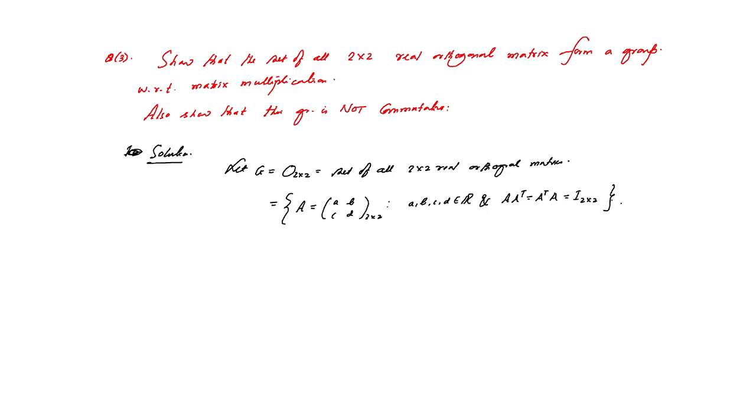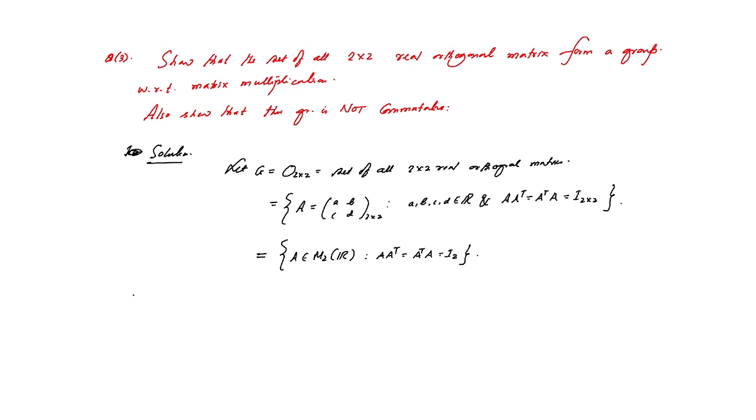So this is the definition of the set of all real orthogonal 2 cross 2 matrices. Sometimes we can write A belongs to M2R such that A transpose A equals identity. Now we have to show that it is a group but it is not commutative.